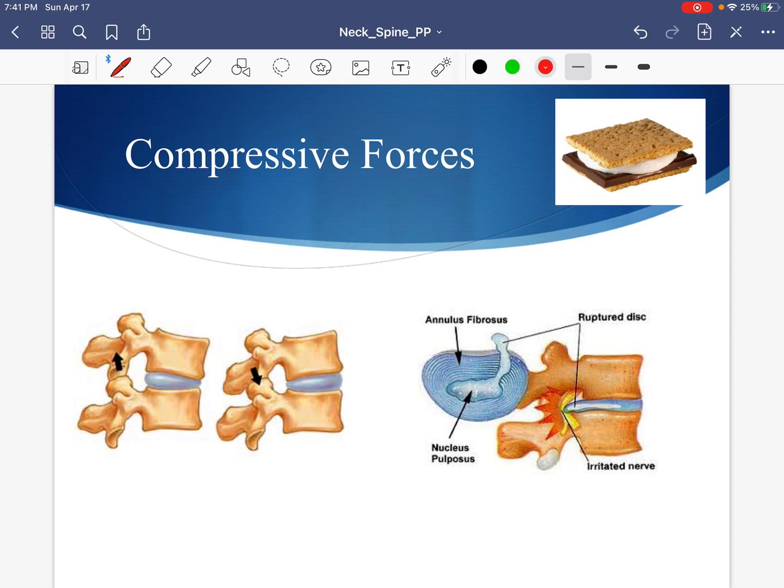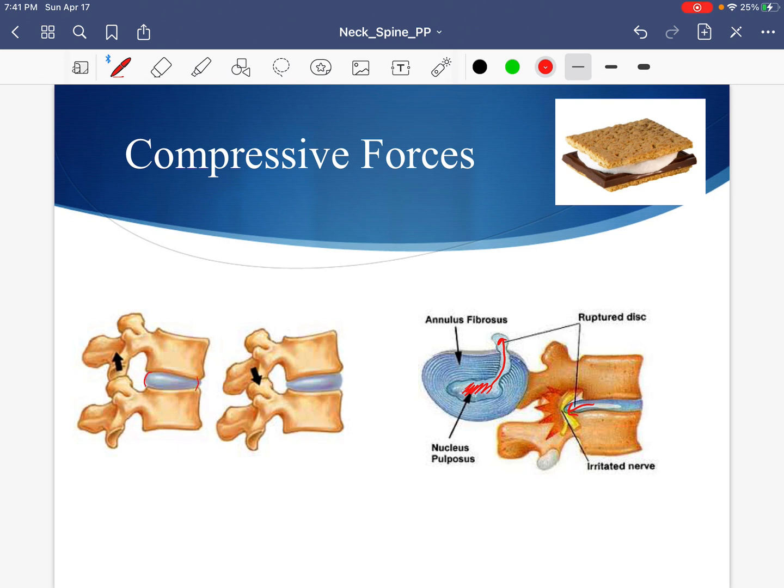Sometimes you'll hear it called a disc herniation or disc protrusion or disc bulge. Folks, they basically mean the same thing. We're just going to use disc herniation, which is when a part of that nucleus pulposus leaks out and comes out of the space where it should be, right?